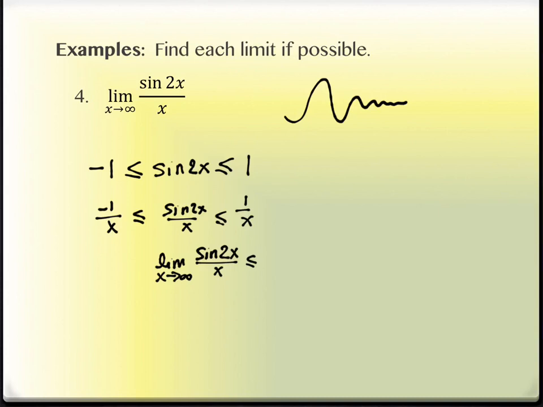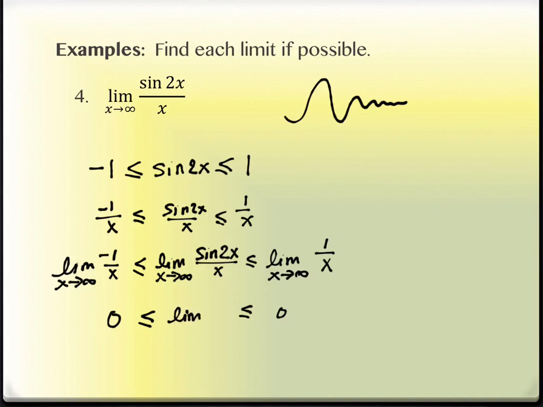The same thing. You got it. So on the left, I have the limit as x goes to infinity of negative 1 over x, and on the right, I have the limit as x goes to infinity of positive 1 over x. But what is the limit as x goes to infinity of negative 1 over x? 0. And what is the limit as x goes to infinity of 1 over x? 0. And what's squeezed or sandwiched in between?